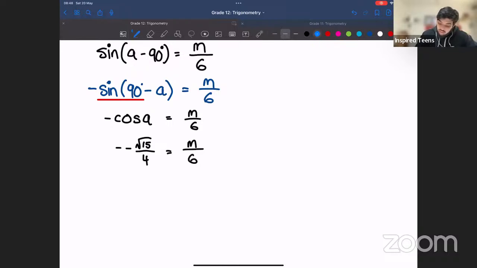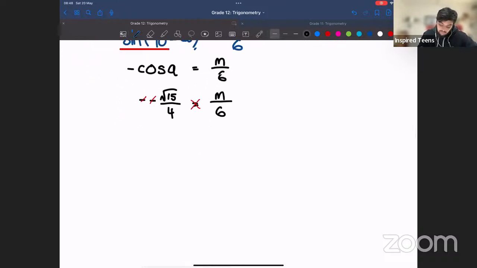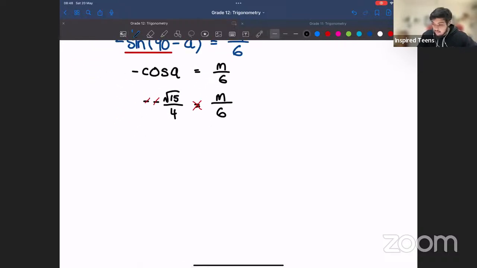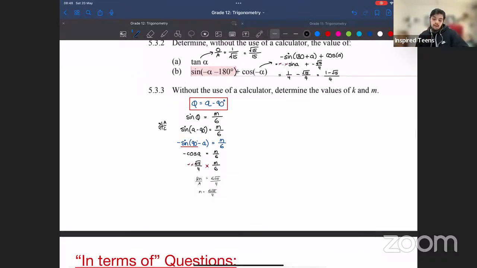Okay, when you cross multiply, so this cancels, cross multiply. We have 4m is equal to 6 square root 15. Divide both sides by 4. We have m is equal to 6 square root 15 over 4. Okay, so that's your answer for m. So determine m. M is done.